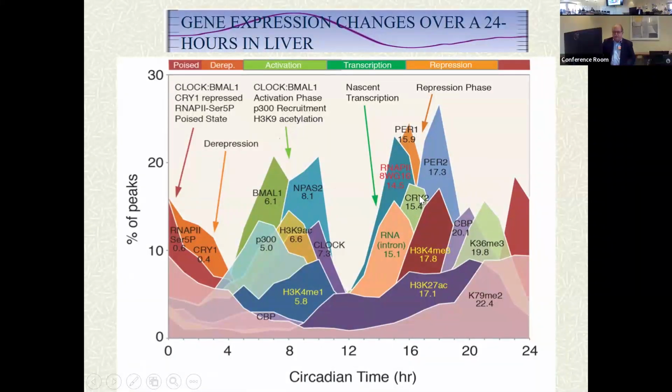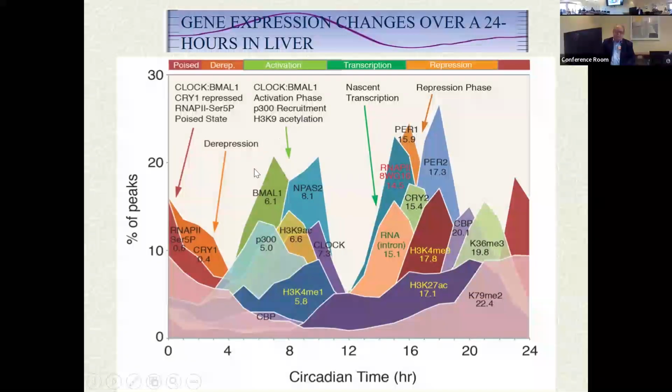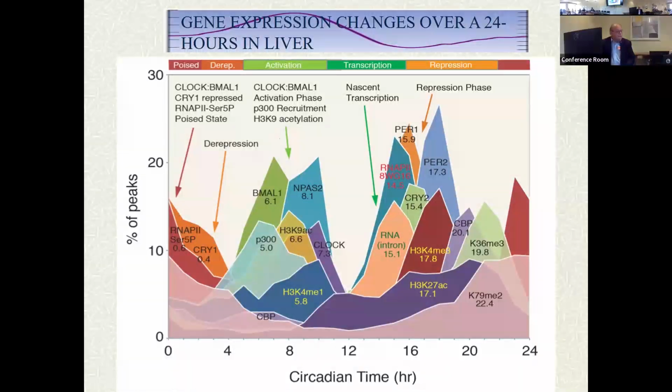Another cry gene is here, cry 2. Per1, 2, but you have these other genes that are there in the circadian mode, and it's estimated that of all the transcription factors in a liver cell, some 30 to 40% of them have circadian effect.